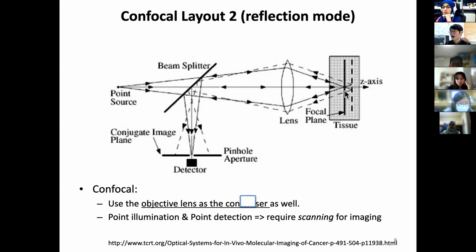What about the out of focus light? That light will focus earlier or after, so it will be spread out on this conjugate plane. So you just put a pinhole to block it. So putting the pinhole aperture on the conjugate image plane is the key concept of confocal, in this case reflection mode.